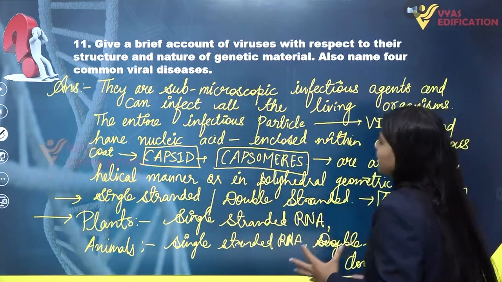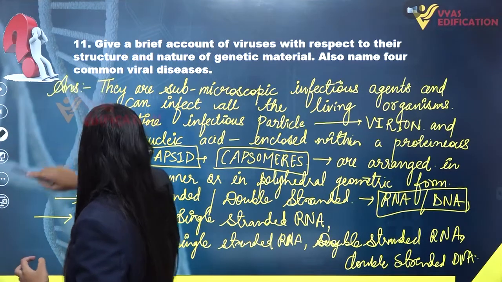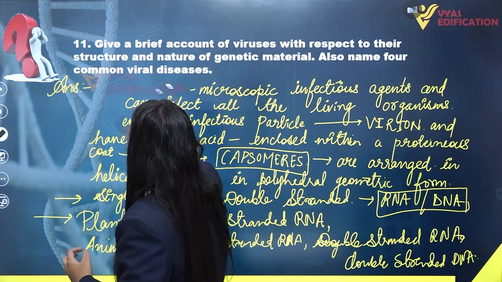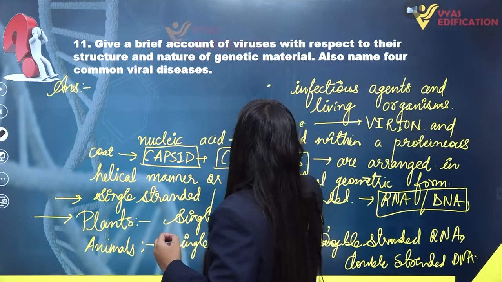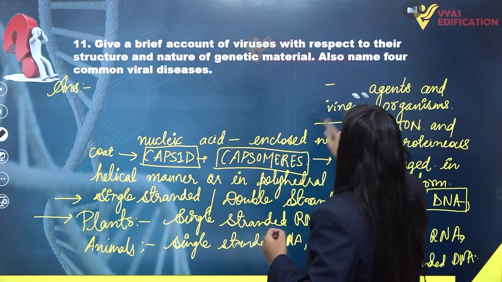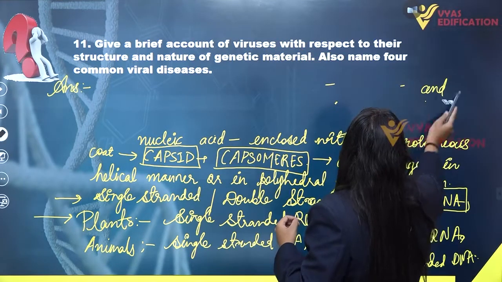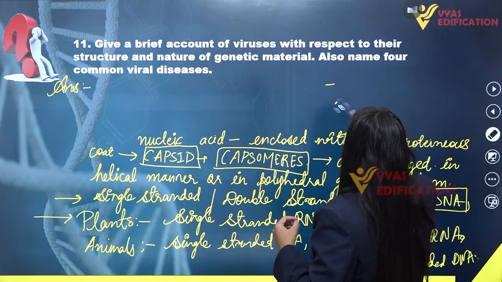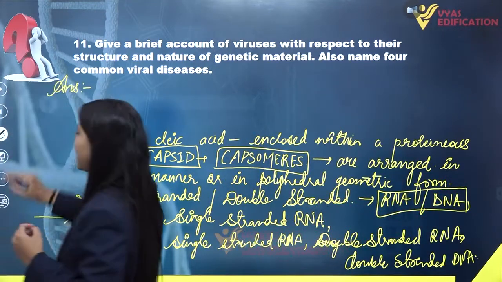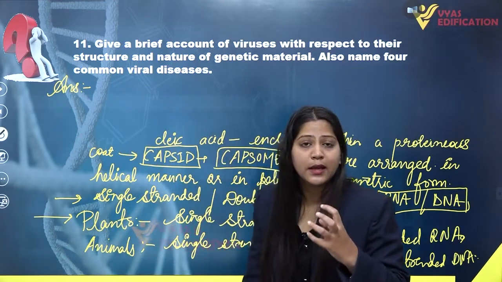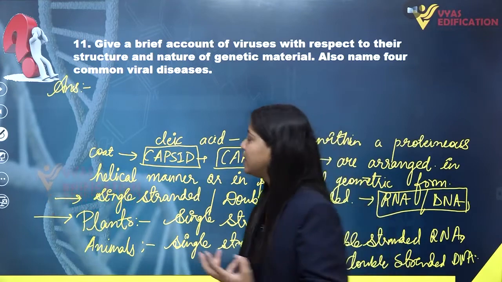Last but not least, if we talk about the last type of viruses, known as bacteriophages, the name bacteriophage is given to those viruses which are capable of infecting bacteria, because we know that these are infectious materials and can infect all the living organisms present on earth. They can infect plants, they can infect animals, they can infect bacteria.